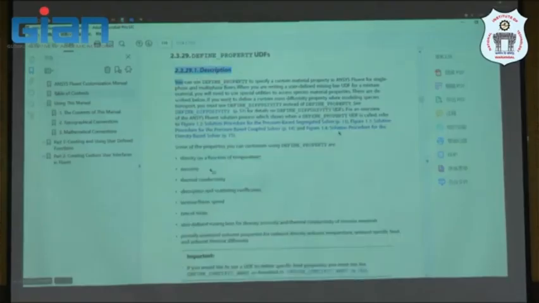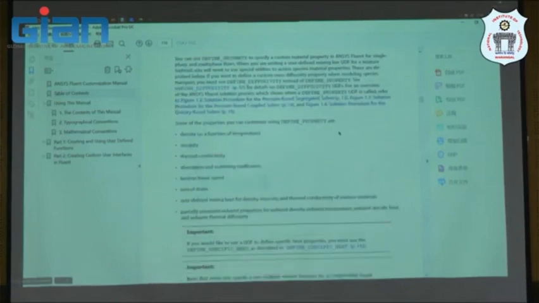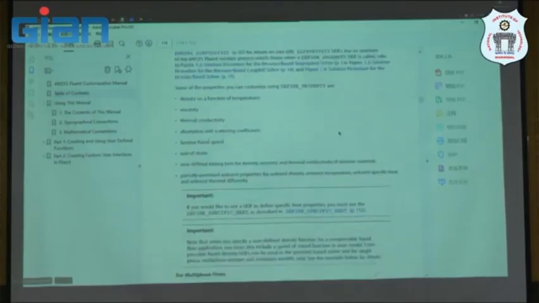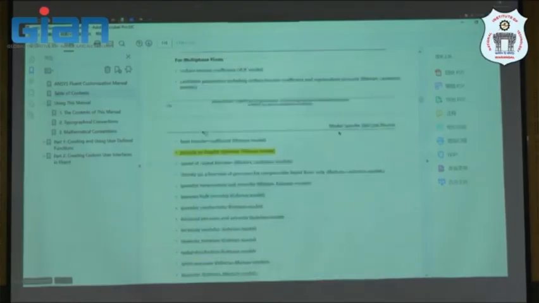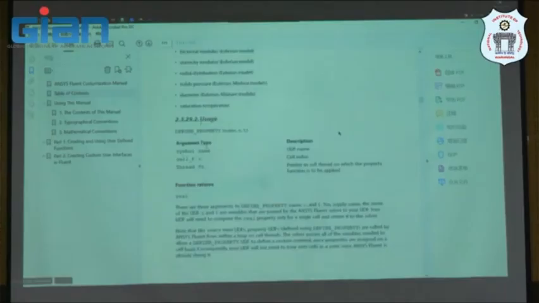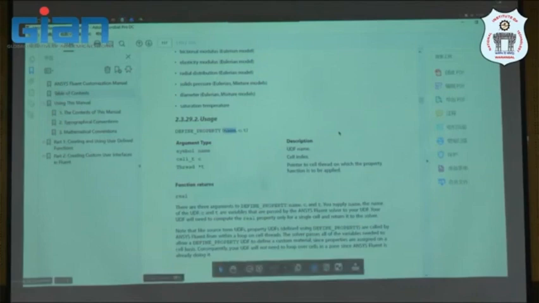macro, and also they will say we can define the density, viscosity and thermal conductivity. After that, they will provide the usage. There are three arguments we want to define or provide, and here is the name of the properties.